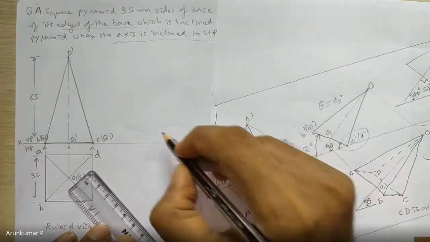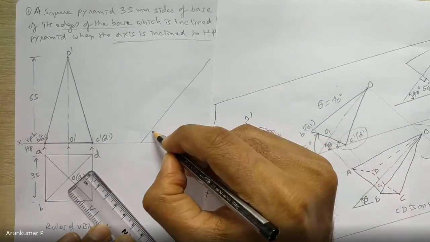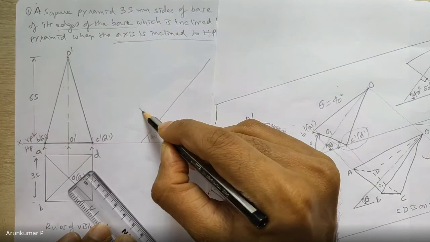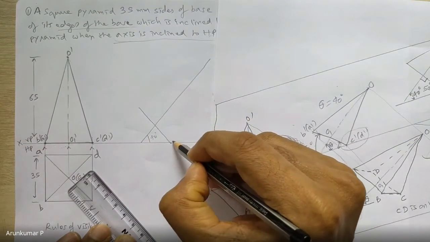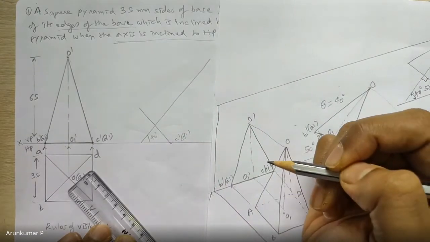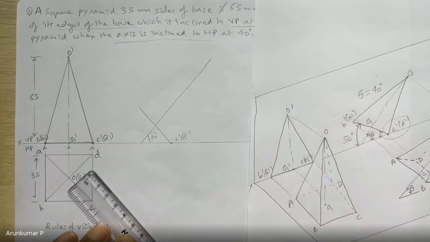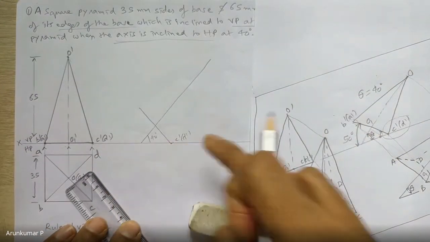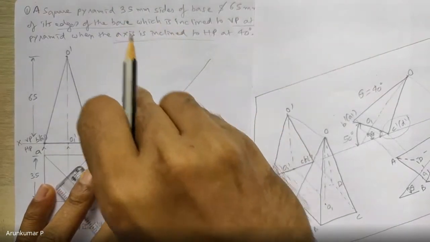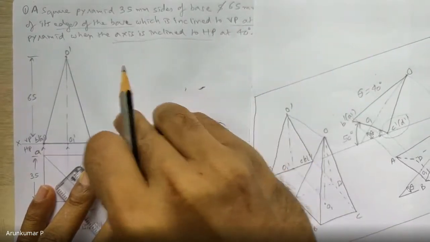Because you have to draw the axis line at 40 degrees, and you should also ensure that C dash D dash is on XY. It is very difficult. So the best option is you draw the base at 50 degrees. That is easier. Automatically the axis will be inclined at 40 degrees. So this is a shortcut.